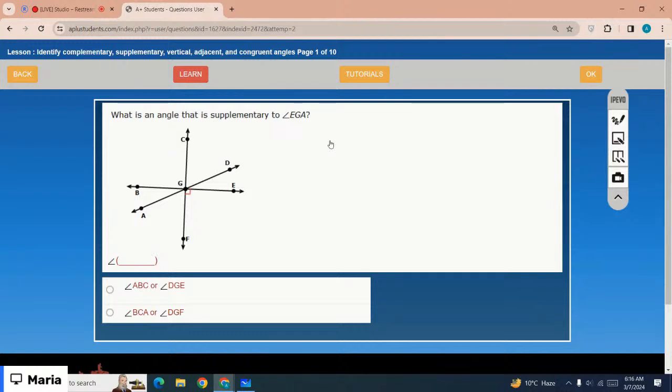What is an angle that is supplementary to angle EGA?